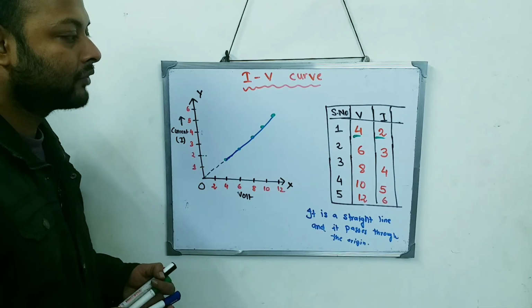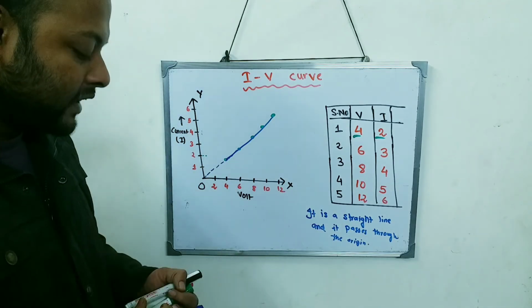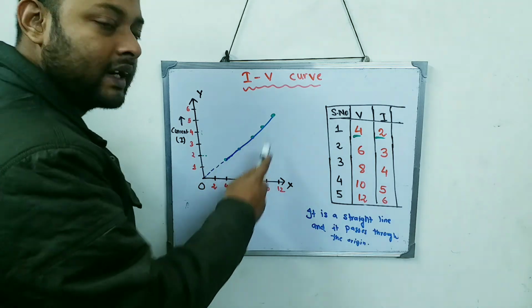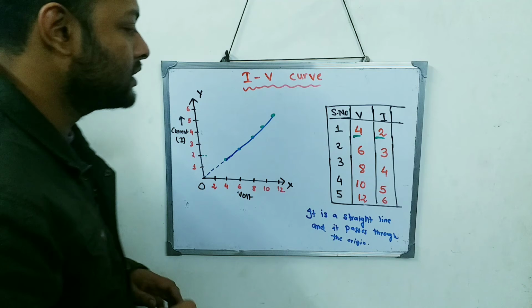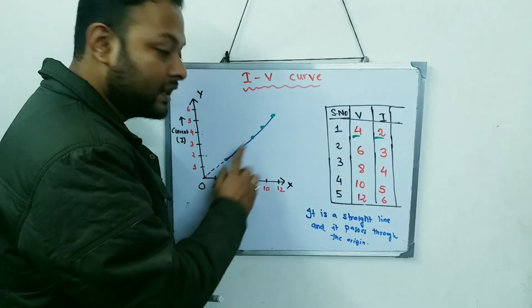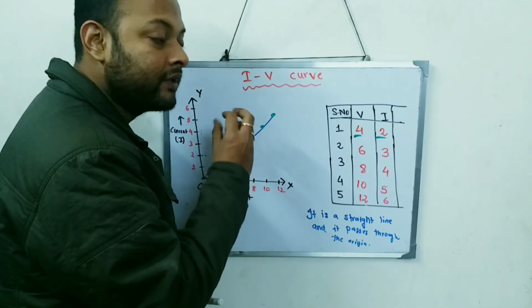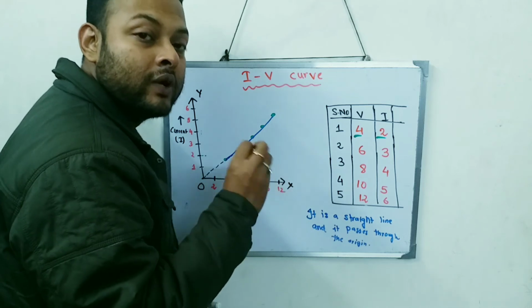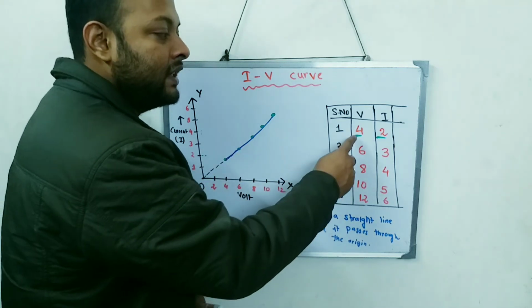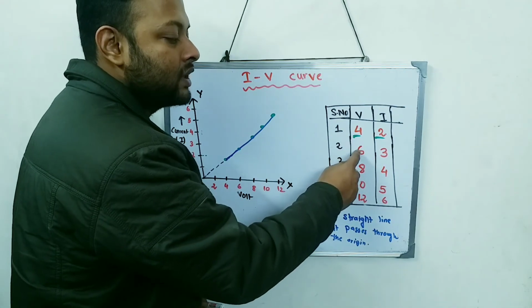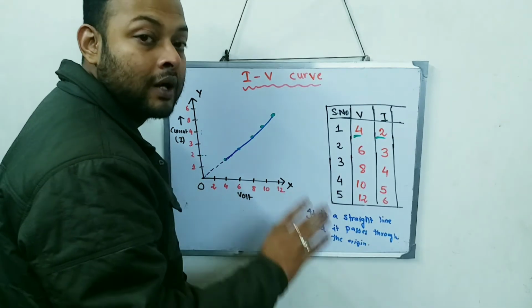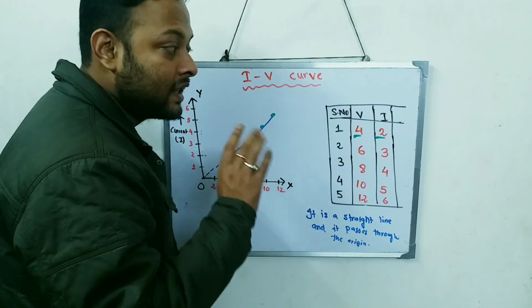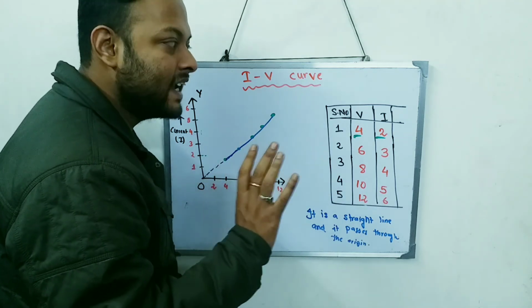Clear till here? Now this straight line indicates what? It indicates that the resistance of the conductor will not change. Even if I increase the voltage from 4 to 6 to 8 to 10 to 12, and subsequently the current also increases, the resistance is not going to change at all.